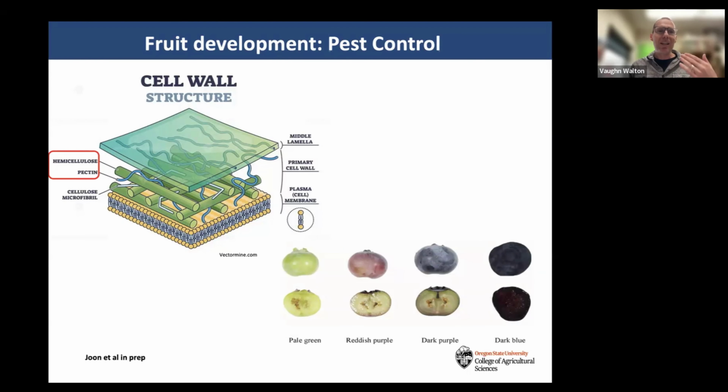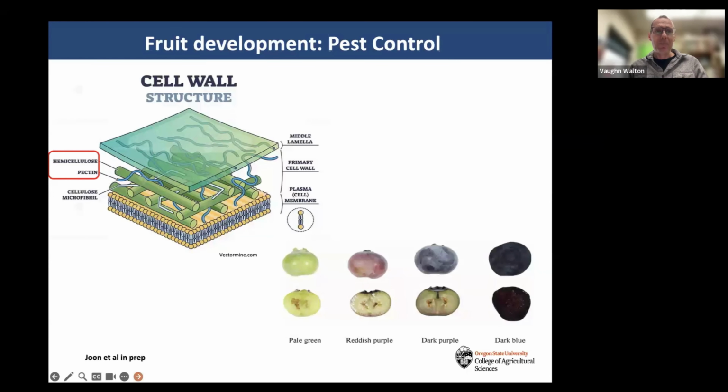It includes hemicelluloses, pectins, and other compounds. As the berries ripen, those compounds start breaking down. They start mixing with some of the compounds deeper in the berry, and there are volatiles that are being released. So what I'll share with you in this talk is explaining to you how we can use those volatiles to produce our crops without using or with using less toxicants.